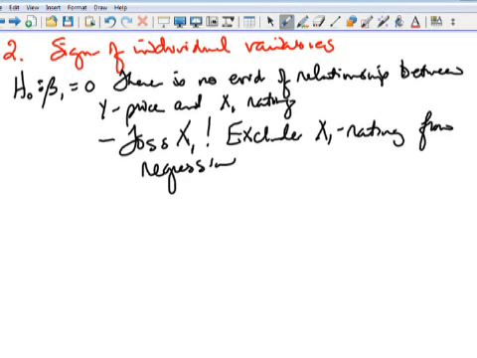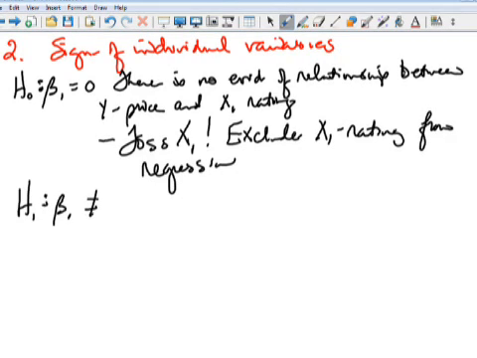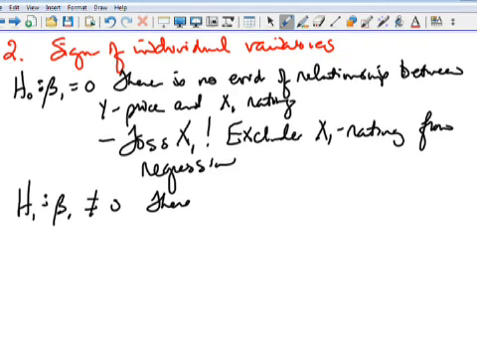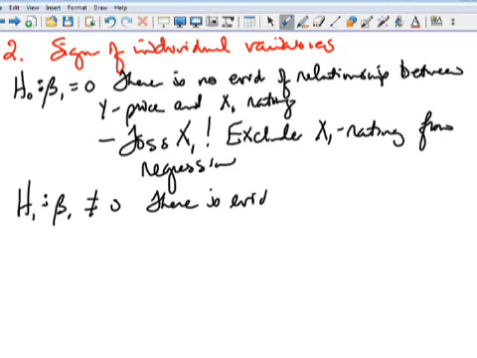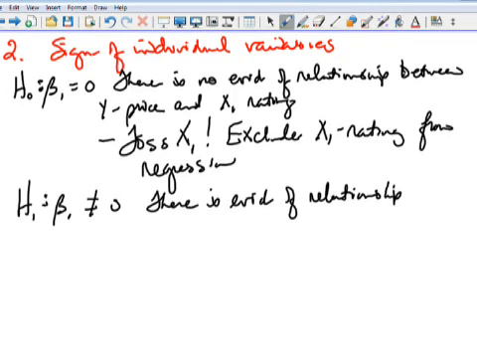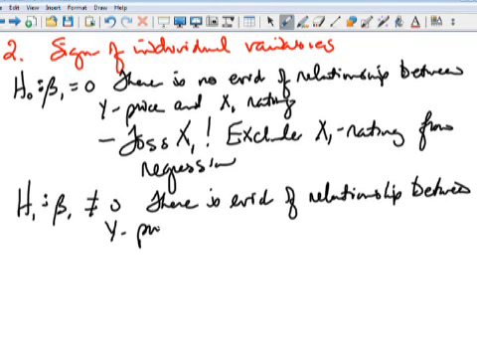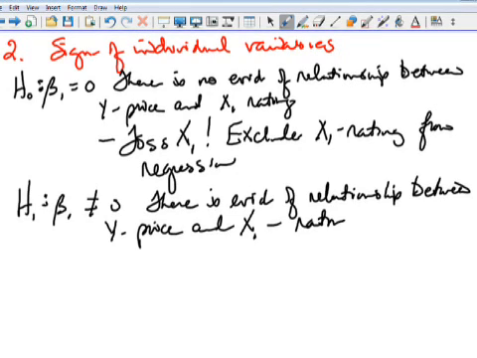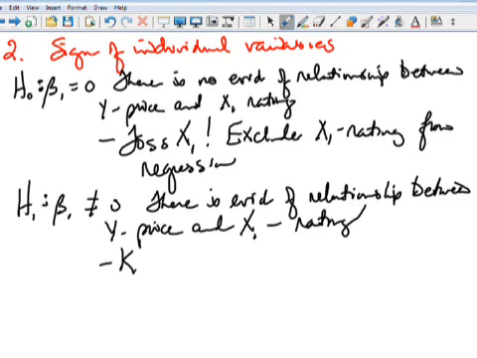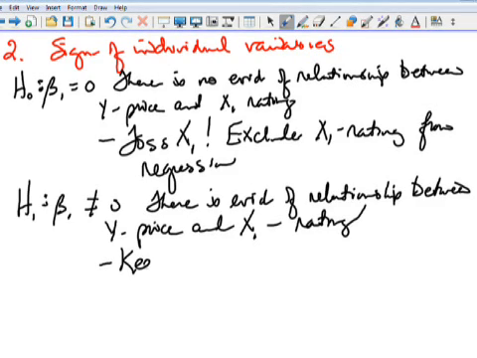Our alternative is that the slope does not equal 0 for X1. In other words, there is evidence of a relationship between Y price and X1 rating. We'll keep it. It's contributing to the regression. In other words, we will include it in the regression model.